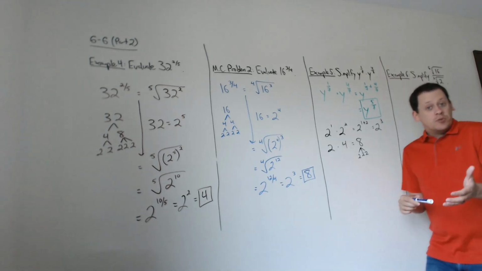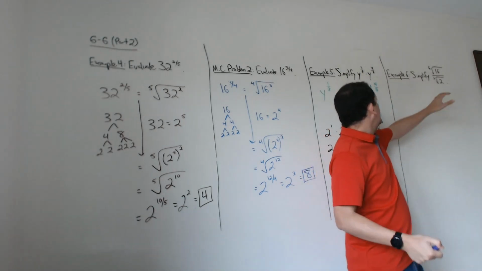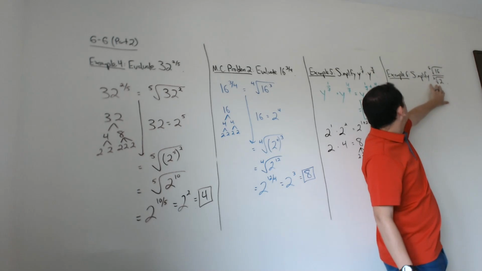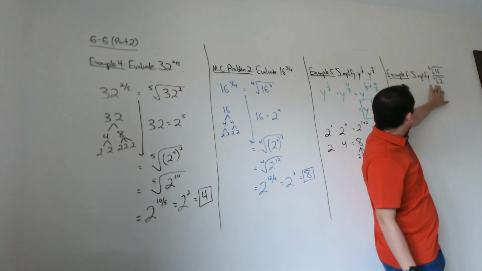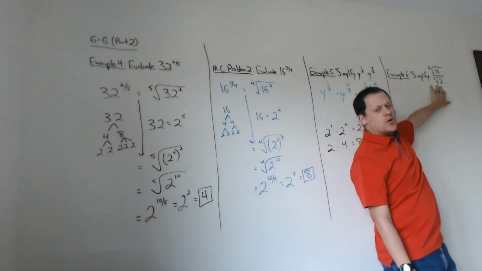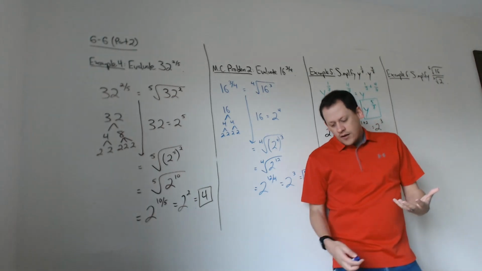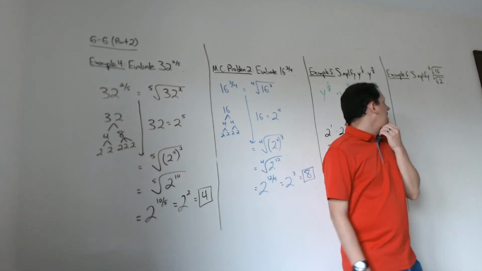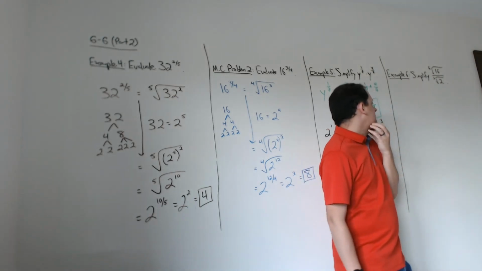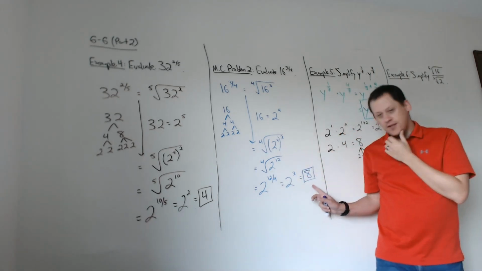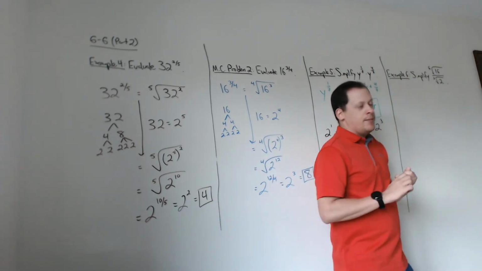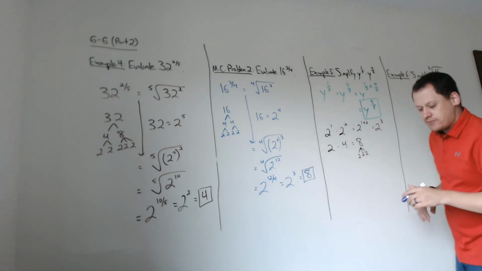Again, we want to simplify, so we're going to get something in our answer. Well, there are no variables here, so our answer will be a number of some kind, but it may not be so easy as being a whole number like one of these. It might end up being a little more interesting.